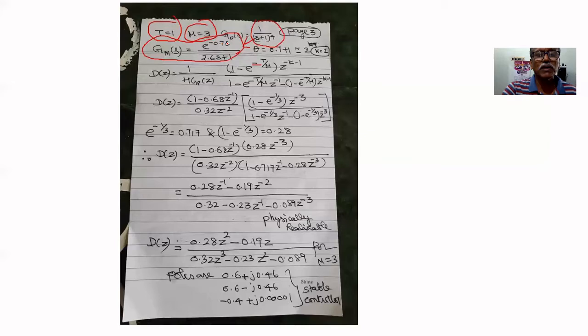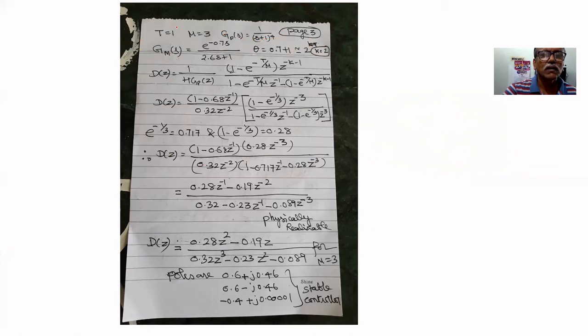E power minus 0.7s upon 2.6s plus 1. So theta equal to 0.7 plus 1, that is 1.7. If we approximate this to 2, k equal to 2. So we got k equal to 2, T equal to 1, and mu equal to 3. For that, we have to design the controller.